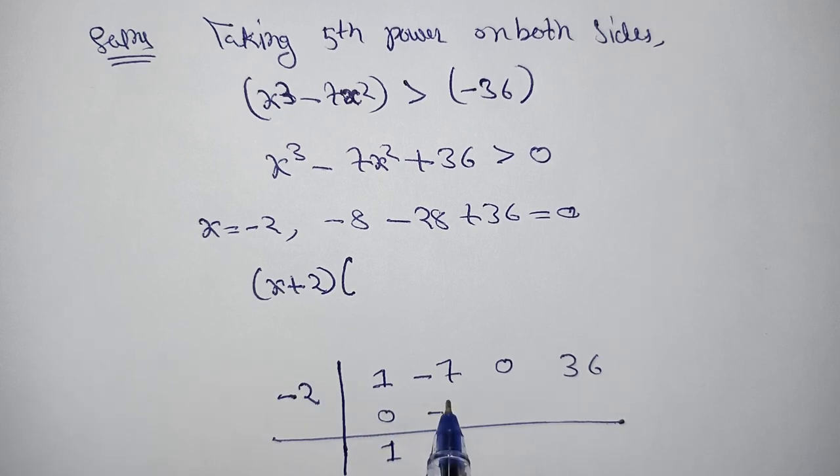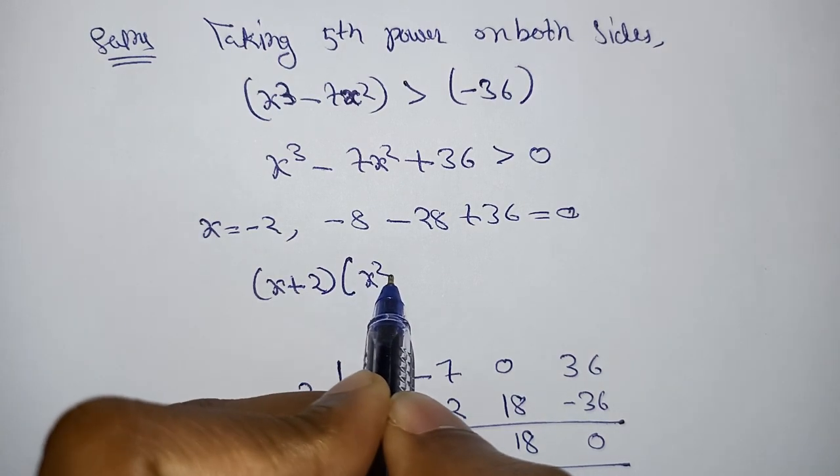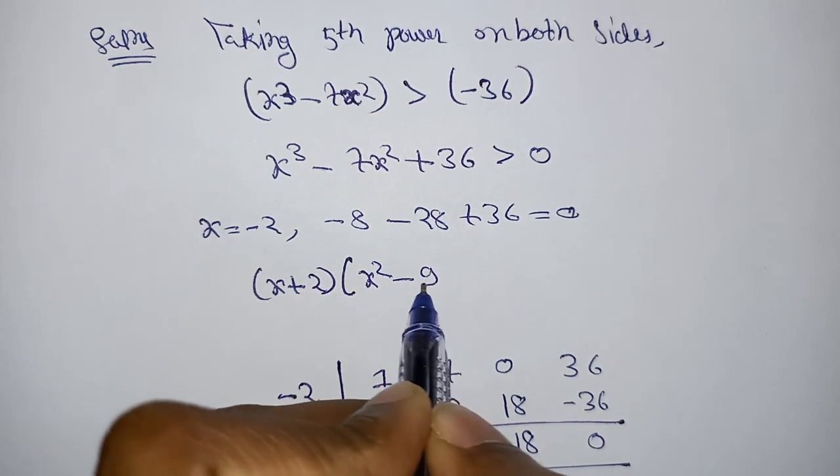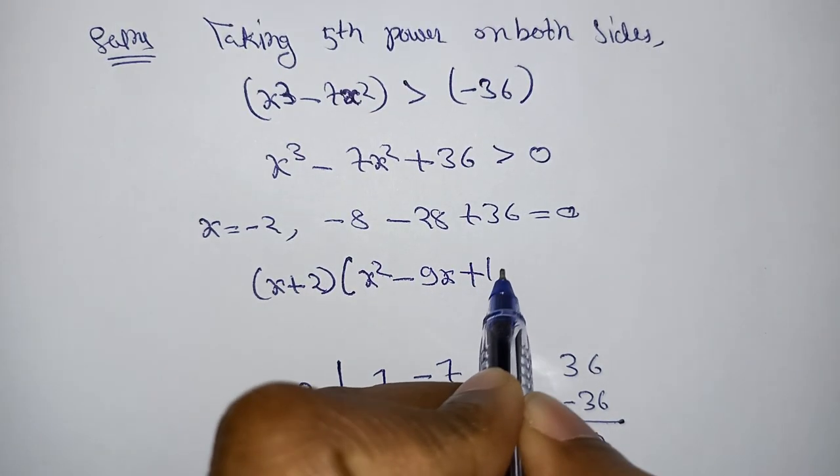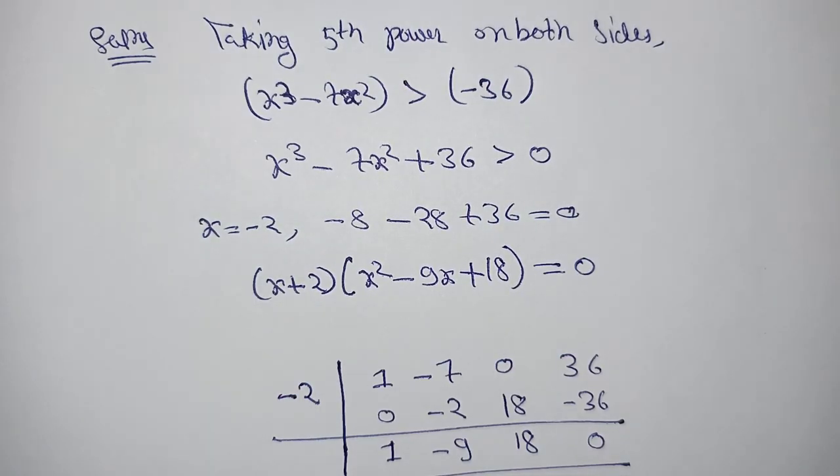Minus 2 into 1 is minus 2, and minus 7 plus minus 2 is minus 9. Now multiplying and adding, minus 2 into minus 9 is 18, and 0 plus 18 is 18, and minus 2 into 18 is minus 36, that gives the value 0. So these values are the coefficients of the quadratic equation, that is coefficient is 1, so we have x square, and coefficient is minus 9, so minus 9x, coefficient is 18, so plus 18, which is equal to 0.